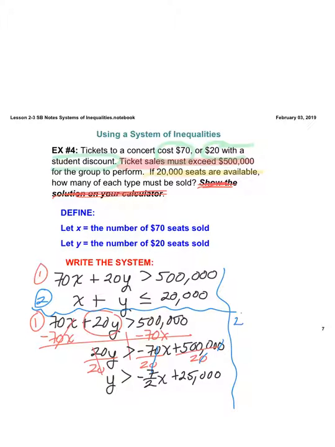All right, so our second equation, x plus y, this will be easier, is less than or equal to 20,000. So I want to solve for y, so subtract x. And that will solve for y for us. So we get y is less than or equal to negative x plus 20,000.